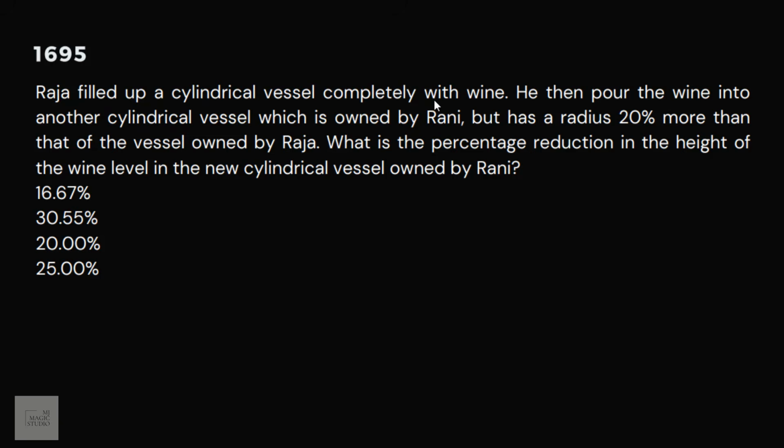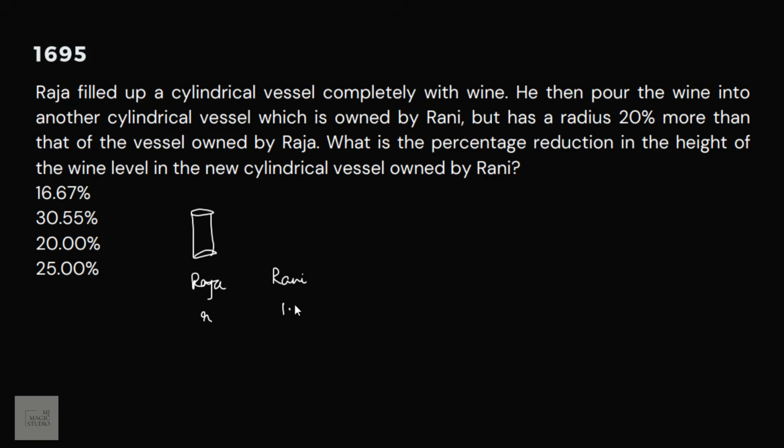Raja filled up a cylindrical vessel completely with wine. He then poured the wine into another cylindrical vessel which is owned by Rani, but has a radius 20% more than that of the vessel owned by Raja.